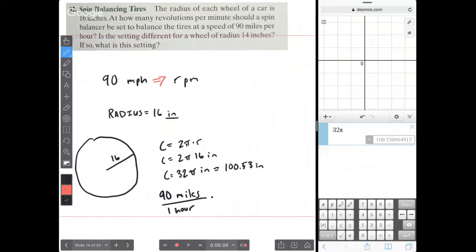So if I times by 1 hour is 60 minutes, equals 90 miles in 60 minutes.